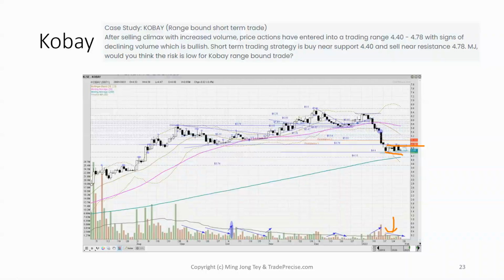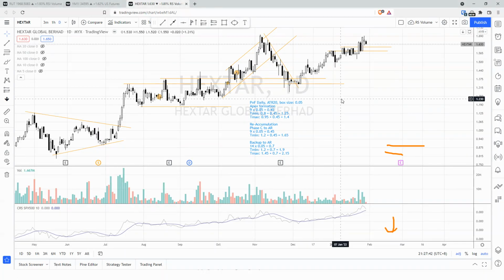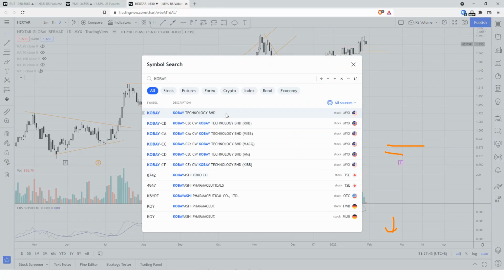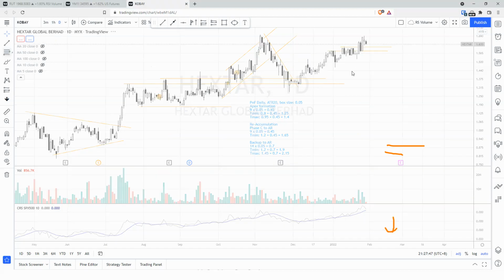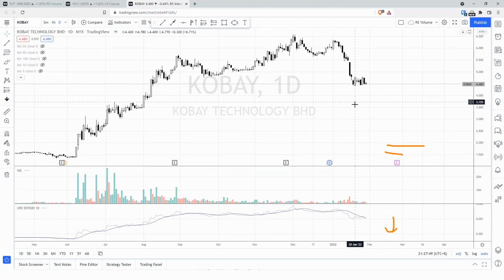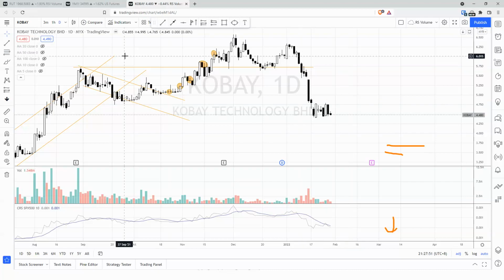Yeah, I do have a comment for Kobe. I think Kobe is probably not a good location to trade. Well, I mean that really depends on your trading style. Decreasing volume also means that there is a lack of demand as well.